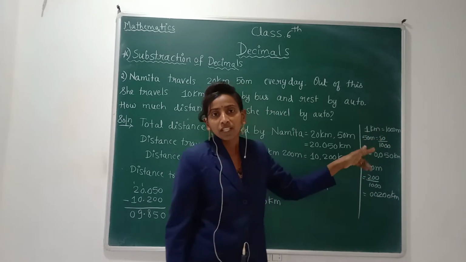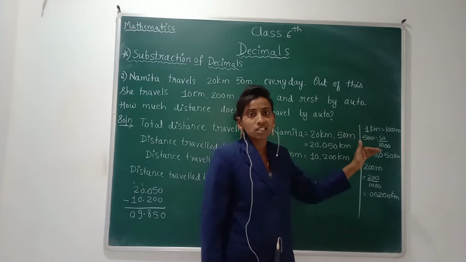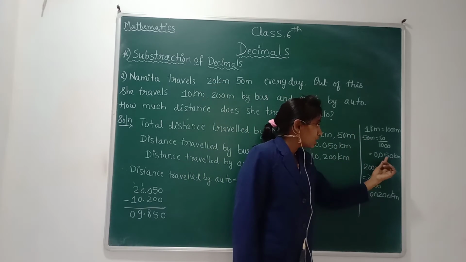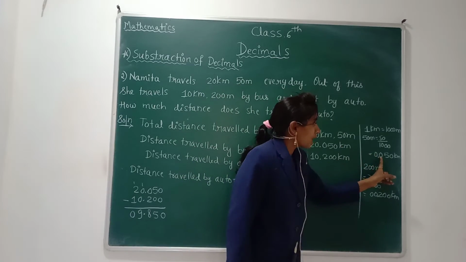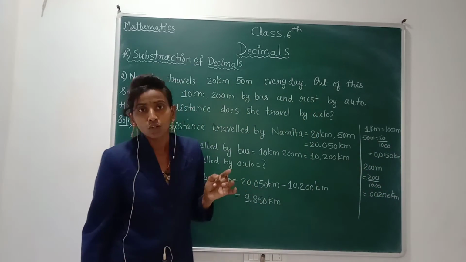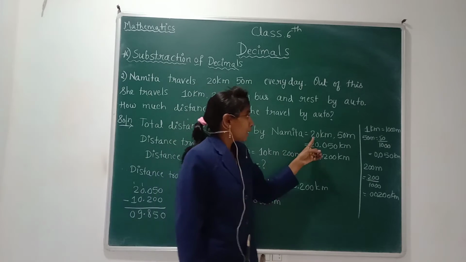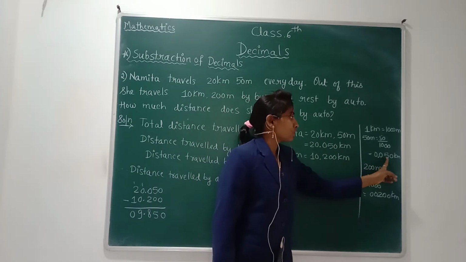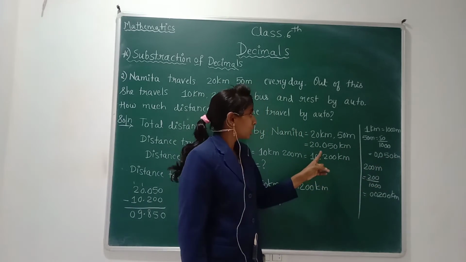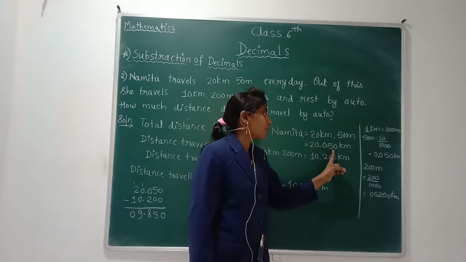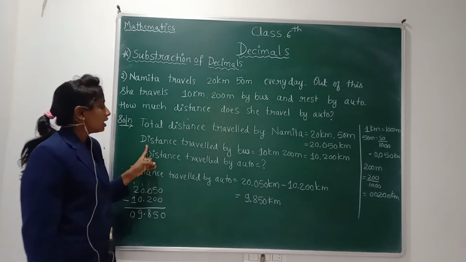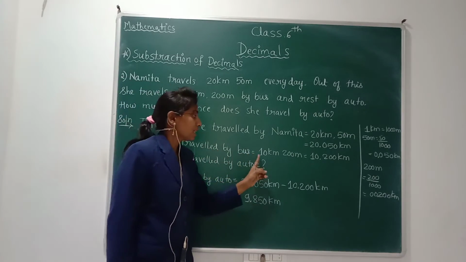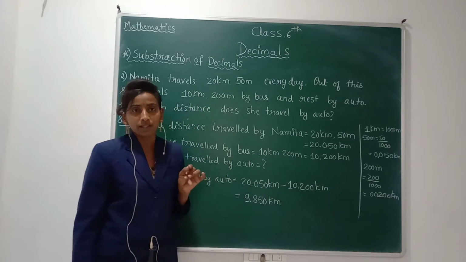So in the denominator we have 3 zeros, means 3 digits we have to leave. 1, 2, 3, means 50 meter is equal to 0.050 kilometer. So 20 kilometer plus 0.05 kilometer is equal to 20.050 kilometer.